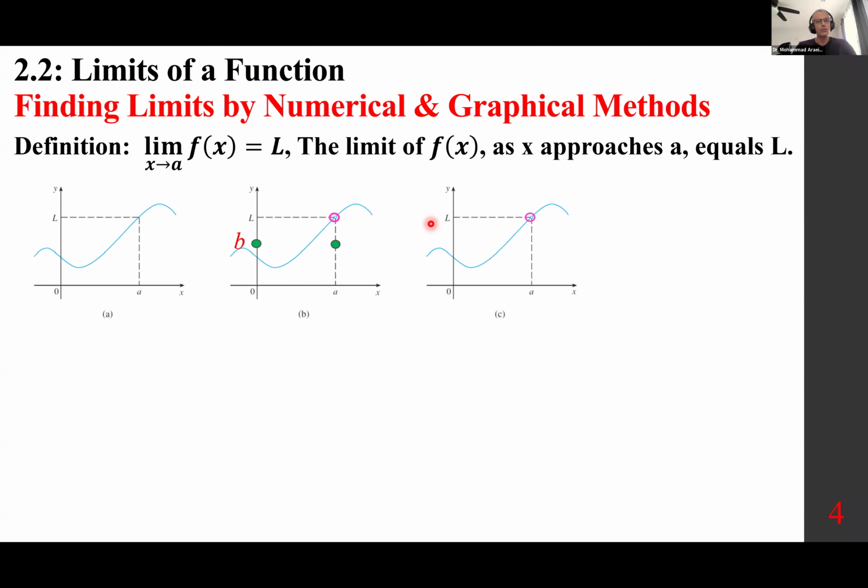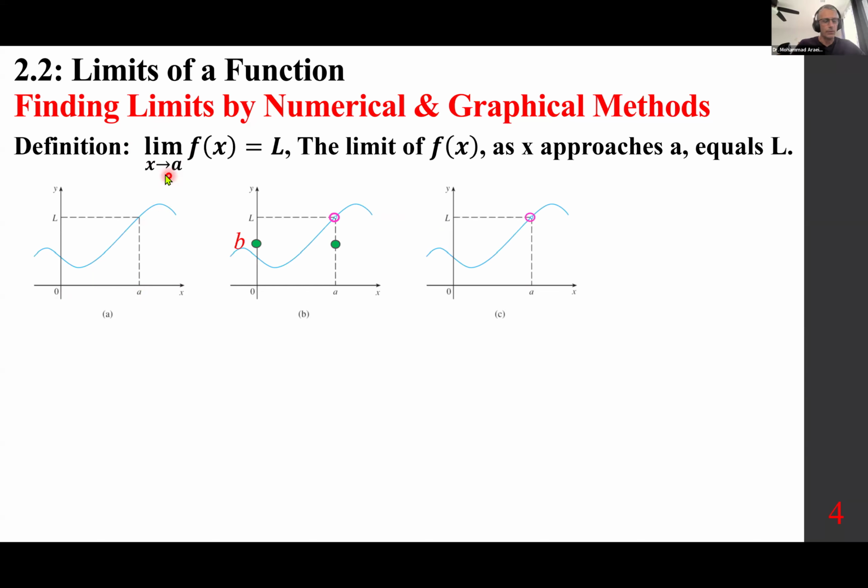Now let's look at the graphical methodology. As you look at all of these three graphs, the concept of a limit as x approaches a means we are getting closer and closer to a from the left and from the right, but not necessarily at a.